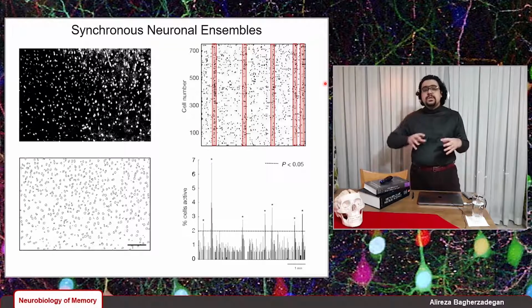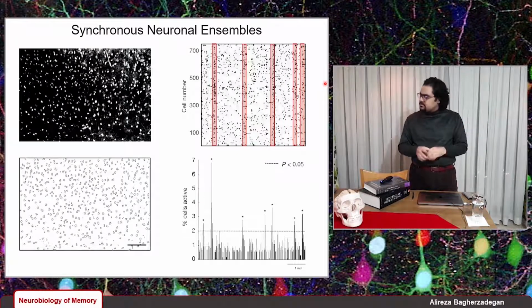Neuroscientists know that those cells that fire together in a synchronized way are probably parts of a single cell assembly. This is one of the methods that scientists use to detect those cell assemblies.